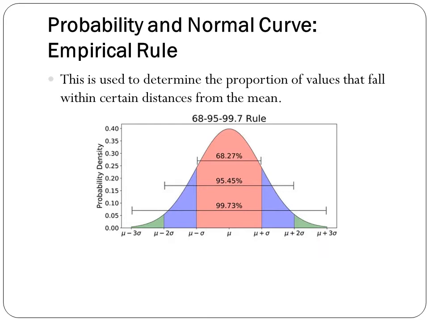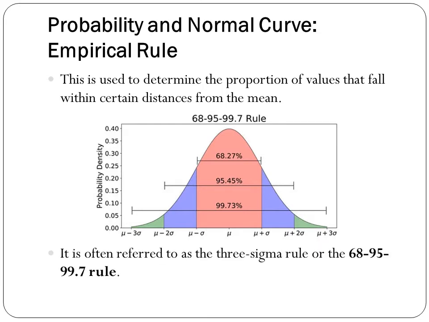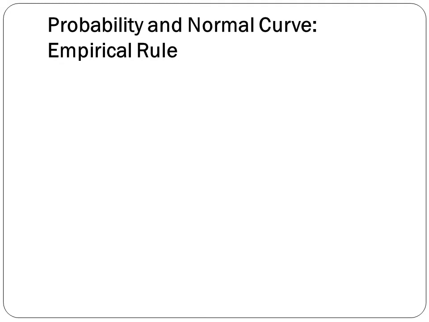If you will go further, if you will have two standard deviations away from the mean, that will give you a total of 95.45%. Two standard deviations away from the mean, that is on both sides of the mean. And so on and so forth. So that is the general rule for the empirical rule. It is often referred to as the 68, 95, 99.7 rule.